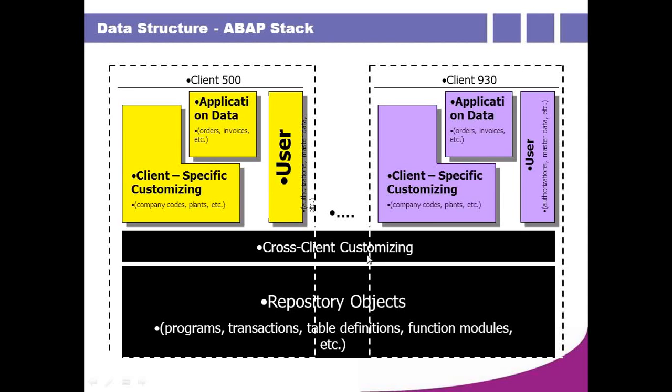This can be accessed by any client. By sitting here, you can modify this also. So that's why these three are called client-dependent or client-specific data, and these two are called client-independent or cross-client data.